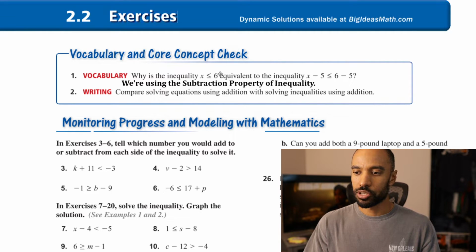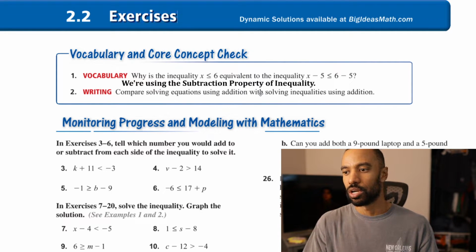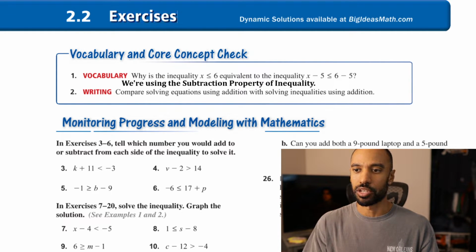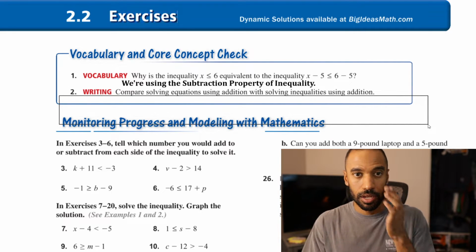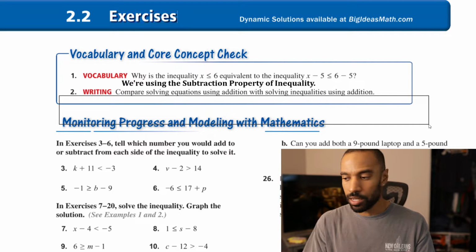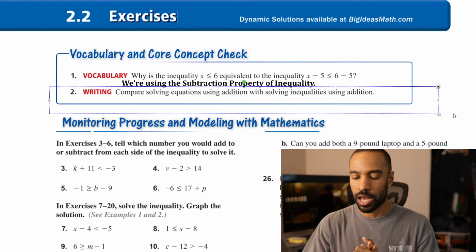Number 2 says compare solving equations using addition versus solving inequalities using addition. Well, the same thing still applies in both cases. The same number is added to each side, which obtains an equivalent sentence.